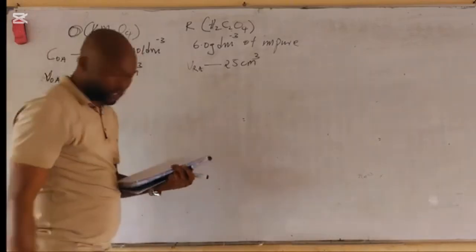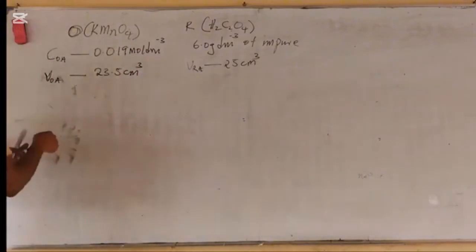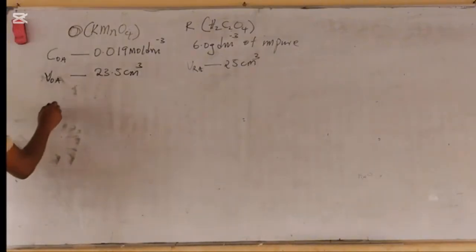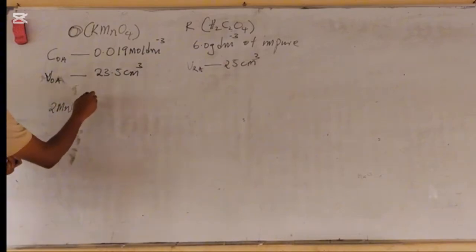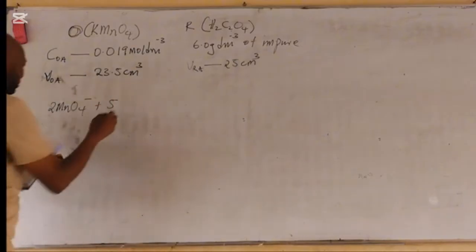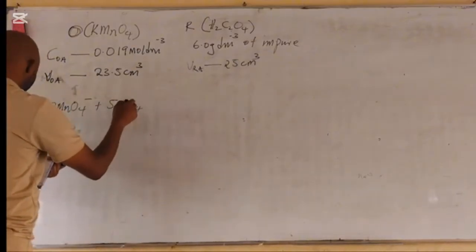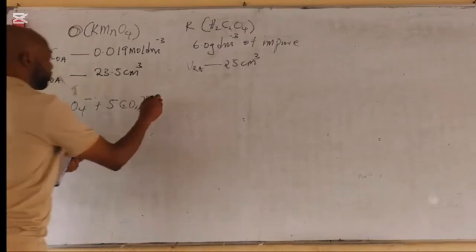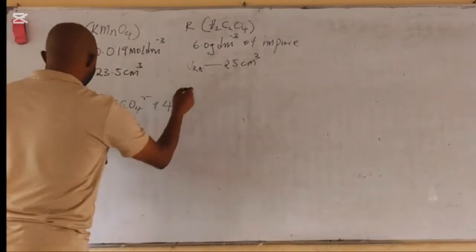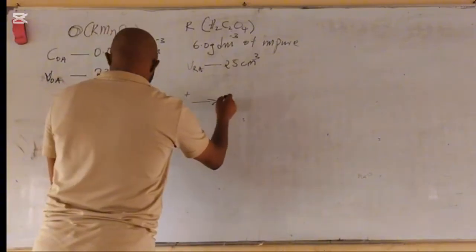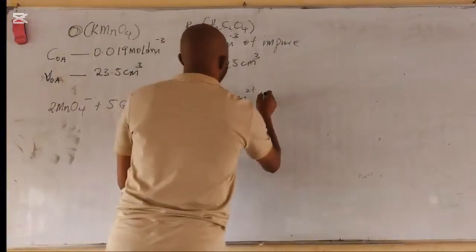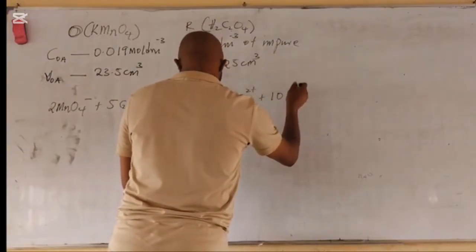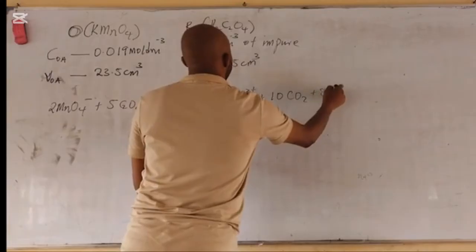They always give the equation of reaction, but if they do not, you balance it yourself. We have 2 MnO4 minus plus 5 C2O4 2 minus plus 16 hydrogen plus gives us 2 Mn2 plus, 10 CO2 plus 8 H2O.